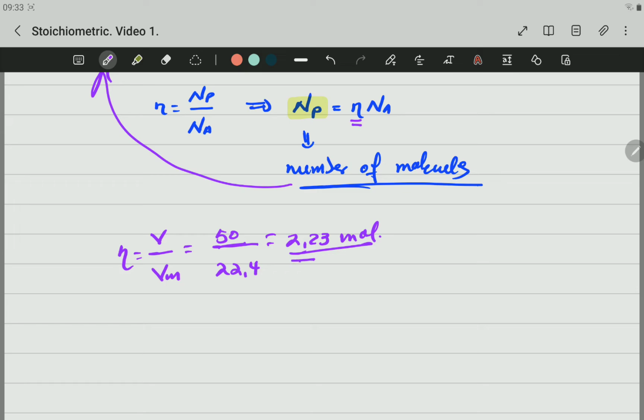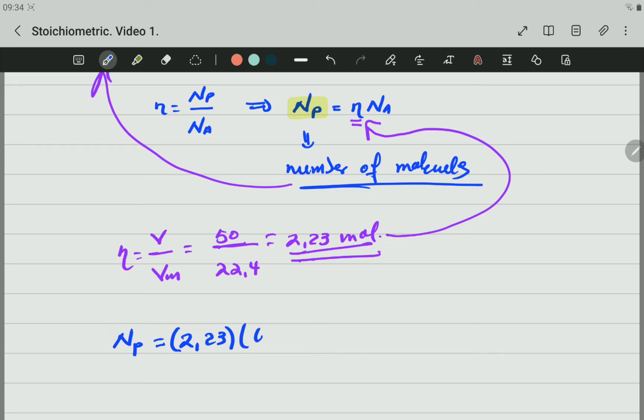Now, this 2.23 mole is what we are going to substitute there to get the number of molecules. So let's go there. We have the number of particles, which in this case is molecules, is equal to 2.23 multiplied by Avogadro's number. Please go to the table of constants you have from the school or watch the previous video.